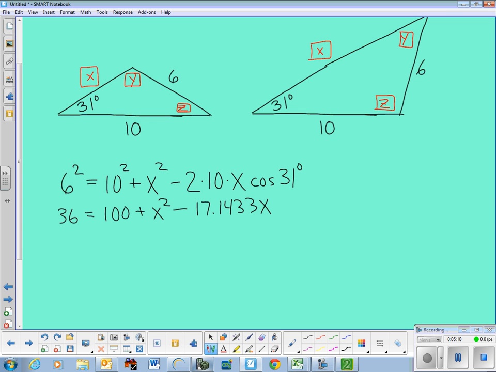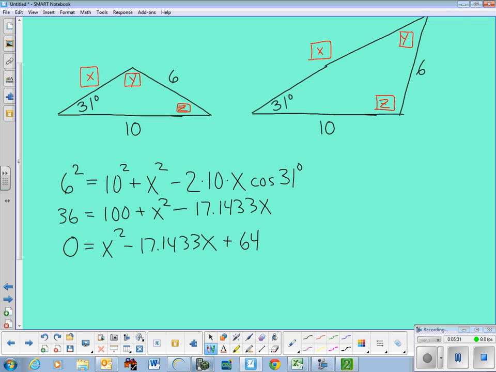I don't want to round that number off too much, but I don't need all those decimal places. I'm going to be close enough. So here's my quadratic equation. You always make a quadratic equation equal 0. And then I've got 100, and I'm going to bring that 36 over. I'm going to be left with 64.